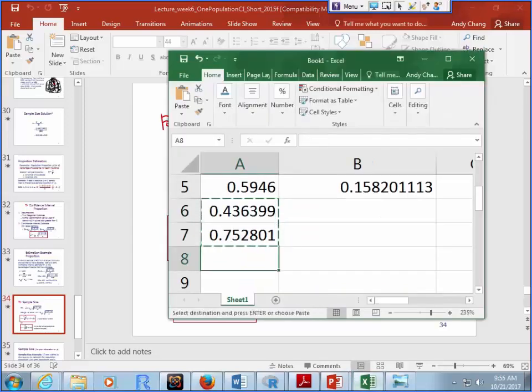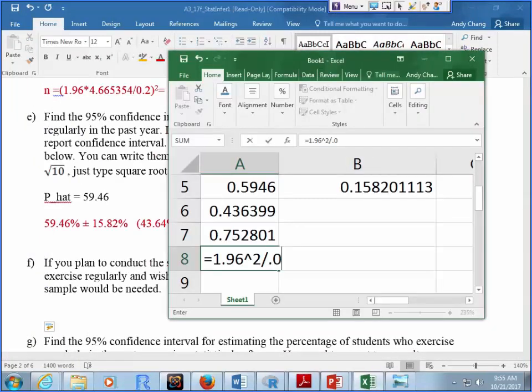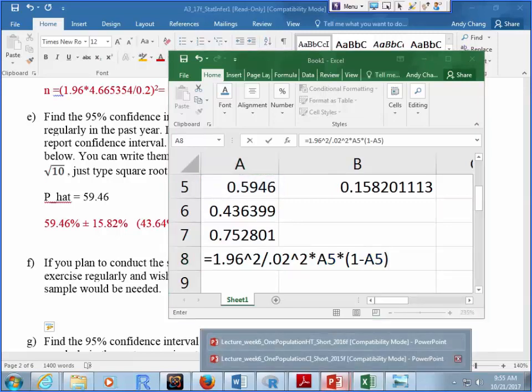So the sample size will be 95%, Z alpha over 2 is 1.96, squared, divided by the margin of error, 2%, so 0.02 squared. You multiply by the estimated proportion times 1 minus the estimated proportion.